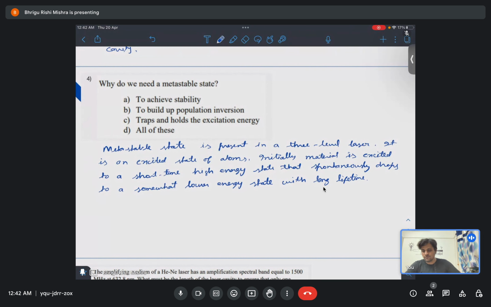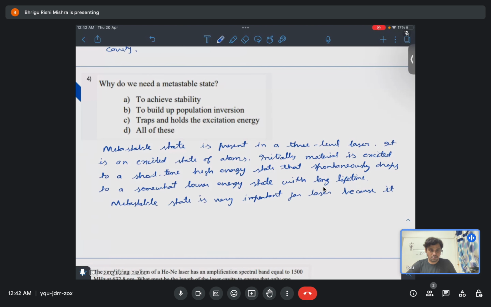Okay, now why is it very important? The metastable state is very important for a 3-level laser because it gives stability.